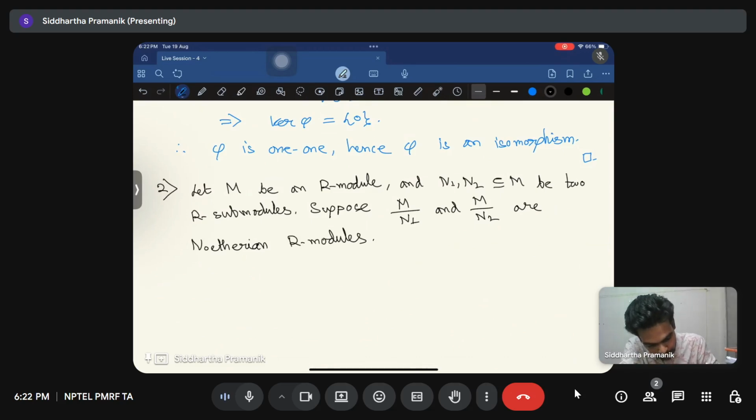Okay, then M mod N1 intersection N2, this quotient, is also a Noetherian R module.